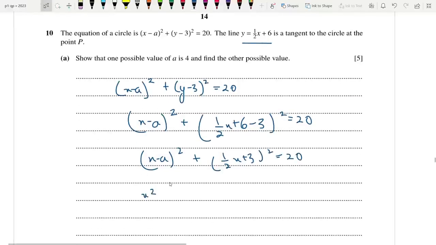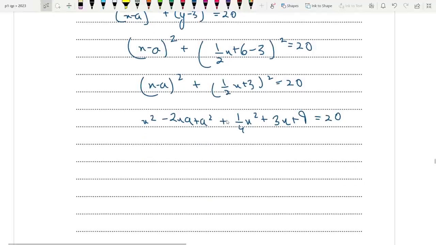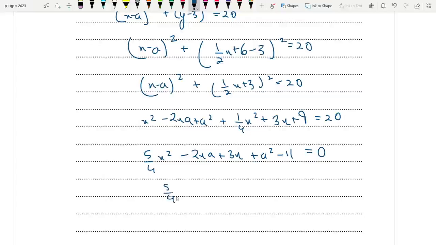Now what? x square minus 2xa plus a square plus 1 by 4 x square plus 3x plus 9 equals 20. 1 by 4 plus 1, how much is that? 5 by 4, I guess. So 5 by 4 x square minus 2xa plus 3x plus a square plus 9 minus 20, which is minus 11, equals 0. So now 5 by 4 x square plus x(3 minus 2a) plus a square minus 11 equals 0.